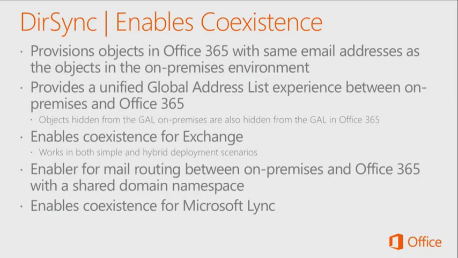And the big thing with DirSync is it enables coexistence for Exchange. So if you want to have a hybrid installation, you want to migrate maybe from Exchange 2010 to Office 365, you need to have DirSync in order to do that. It enables mail routing between on-premise and Office 365, and coexistence for Microsoft Lync.